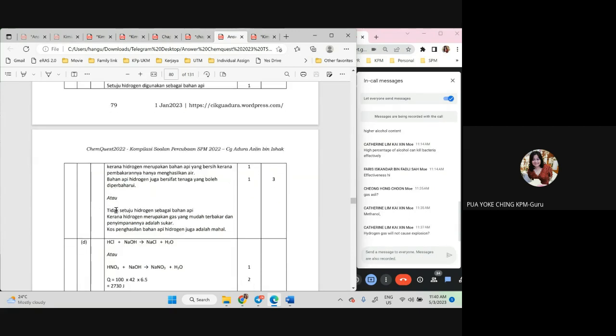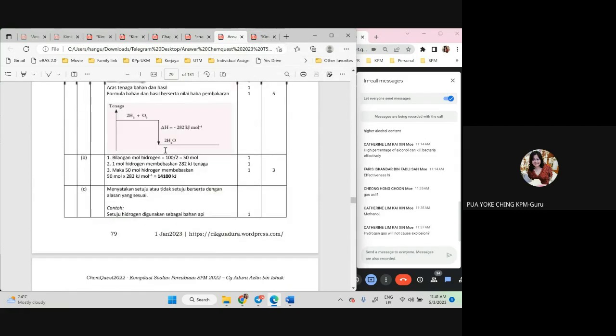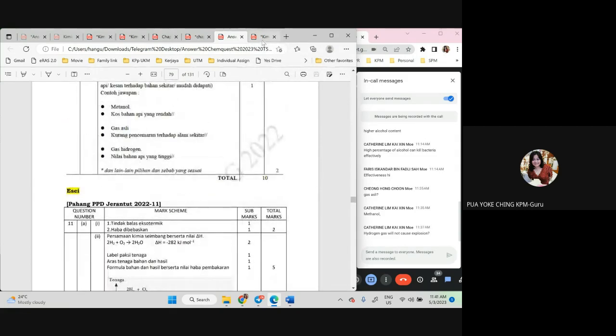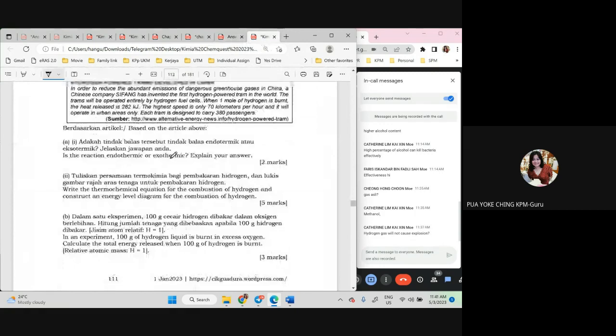So, if no, then your answer will be hydrogen adalah mudah terbakar, sukar disimpan, dan kos tinggi. Once you want to use hydrogen, it can cause explosion. You need a special tank untuk simpan. So this is all the justification that you need to answer lah.